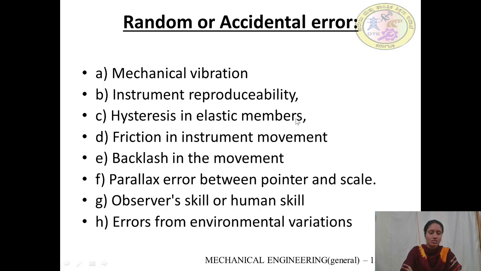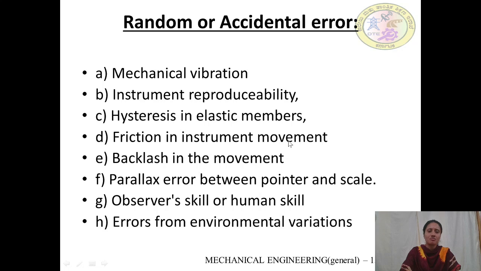Due to the extension or retraction of those elastic members, there will be some hysteresis, and hysteresis is also one cause of random error. Sometimes it will be there, sometimes it won't. It is not a fixed type of error. It is accidental and unpredictable.